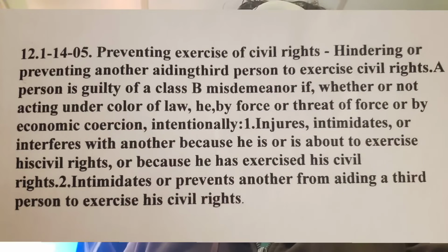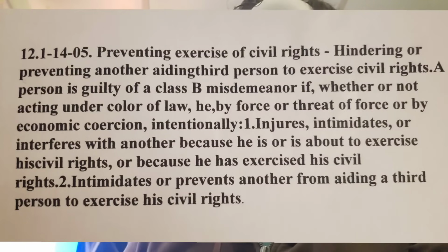This is going to be Century Code 12.1-14-05, and it reads as follows, and I will have this on the screen for you to follow along. Preventing exercise of civil rights, hindering or preventing another aiding third person to exercise civil rights.